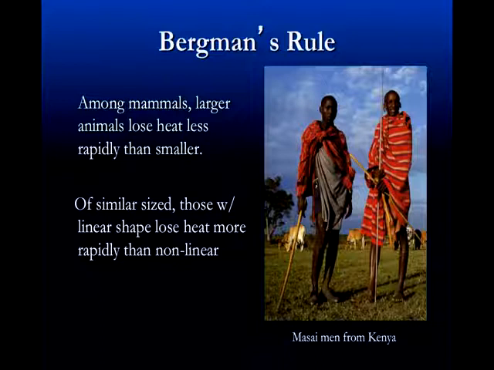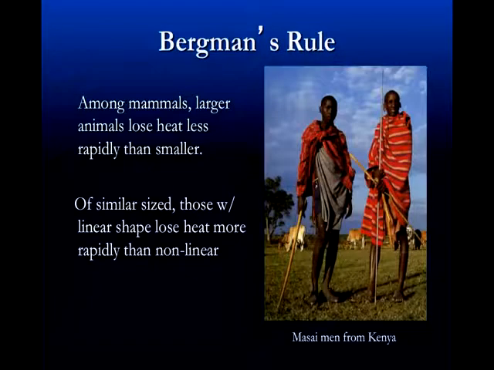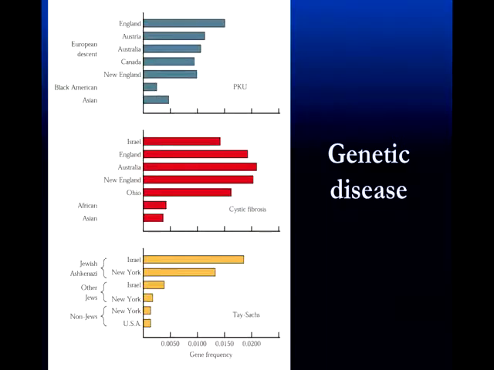Okay, now what you also get is a variation between populations, right? Eskimos look like this. Bergmann's rule shows that if you're a Maasai, you look more like this. So that explains variation within our species according to populations, at least according to a couple of sets of traits. Whatever, it explains one part of it. You also have variation between and within populations at the level of genetic disease.